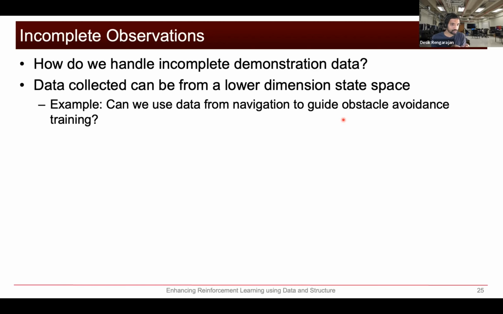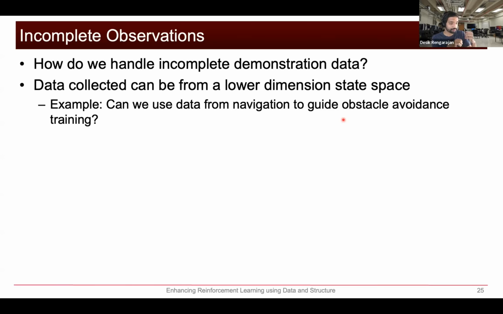But the task that we're trying to solve is that we want to sense the obstacle in place and then reach our goal. So can we use the data which has been used to solve the navigation problem to aid learning of avoiding an obstacle, because you have to avoid an obstacle and reach the goal point?